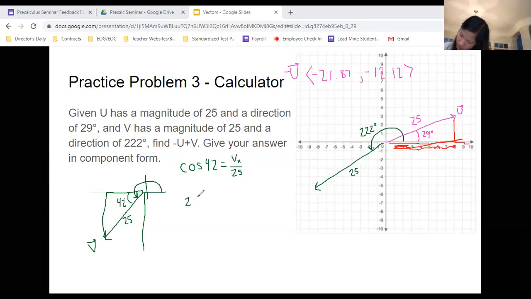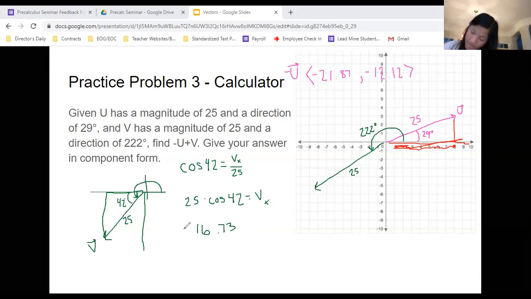So I can solve and say 25 times the cosine of 42 gives me the x component of my vector. If I solve that, I should get 16.73.